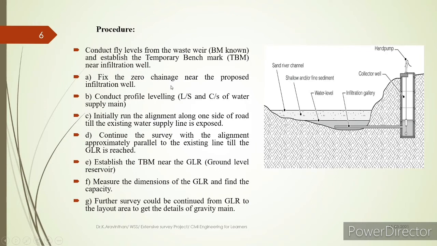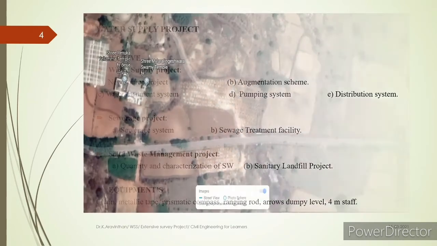After getting that map, the infiltration well should be taken as zero drainage, and the profile leveling has to be conducted from there. What do you mean by profile leveling? That is LS and CS. You should go towards the area.